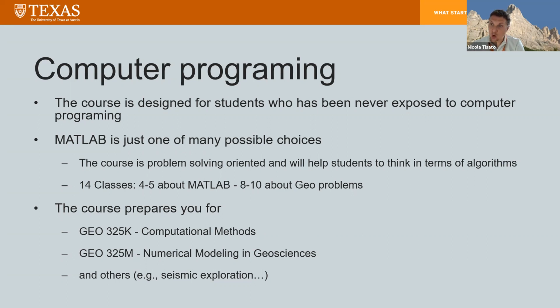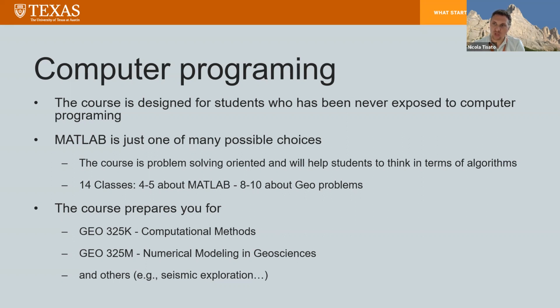There are roughly 14 classes, and each class has a laboratory. The first part of the class, roughly 1/3, is about MATLAB and learning the syntax, so as to be able to write code and solve problems. And the other 2/3 of the class is about cool stuff. It's about trying to solve those geo problems.